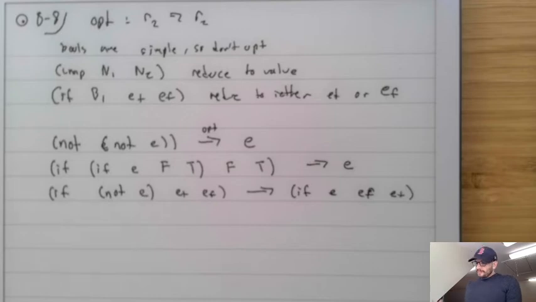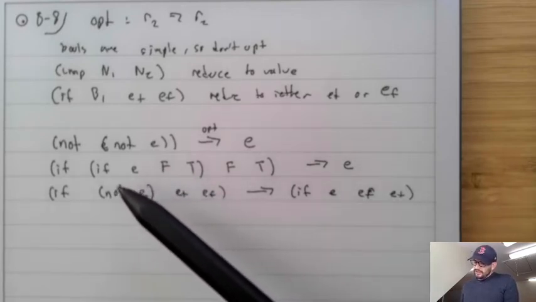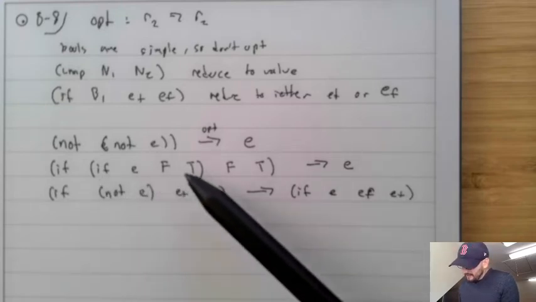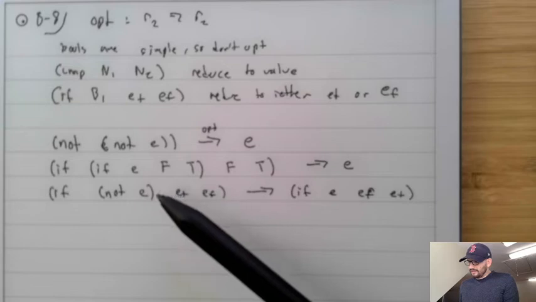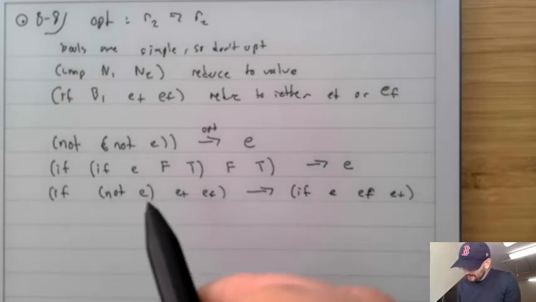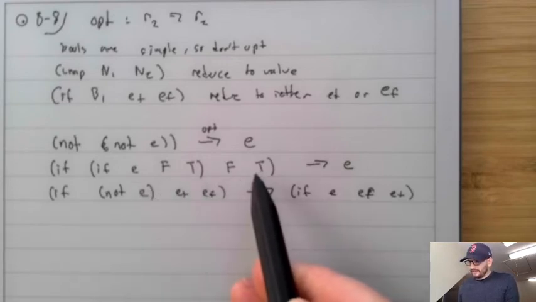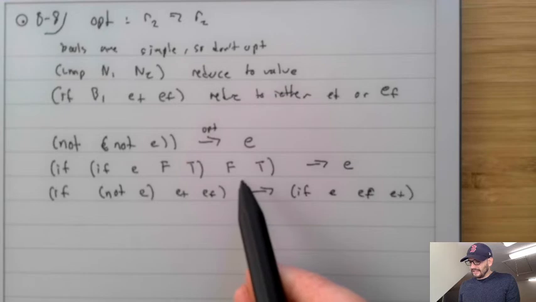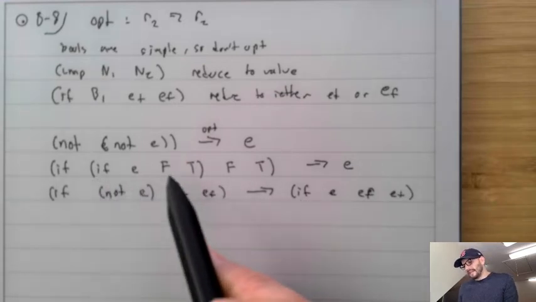So think about how we could think about that here. There's a not inside of there, and if you switched the F and the T there, then you would realize that the if doesn't do anything.